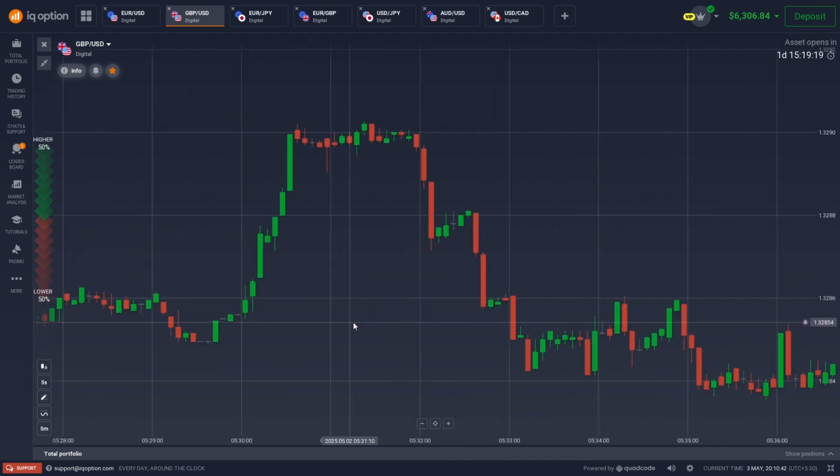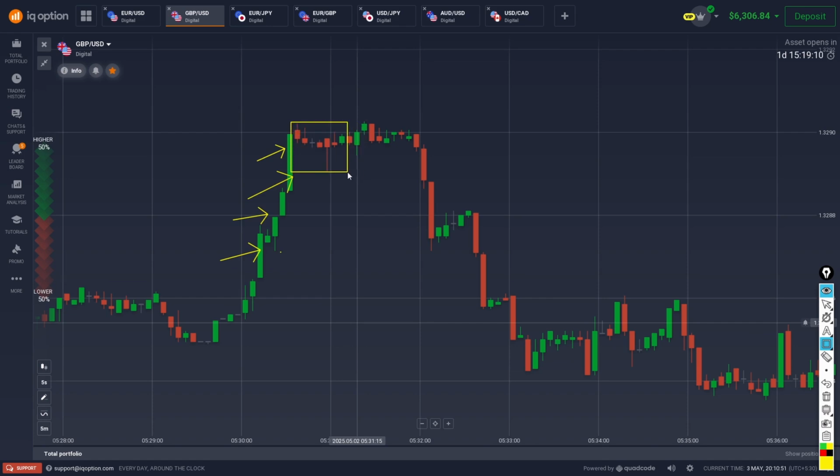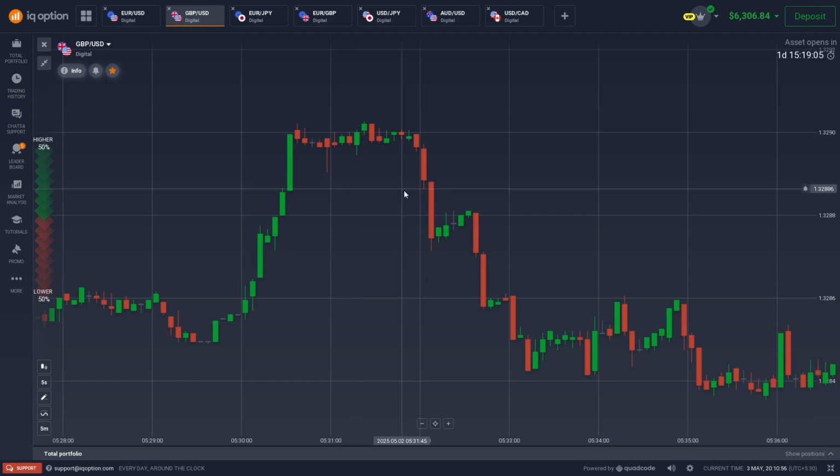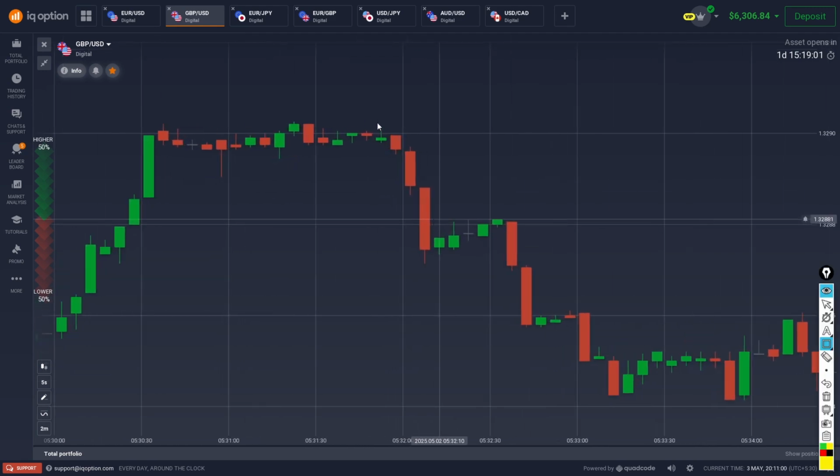Here you see price was moving aggressively, and you didn't have any confirmation here. No confirmation, no selling confirmation. A strong confirmation is required, but you have a confirmation here. This is a strong confirmation.